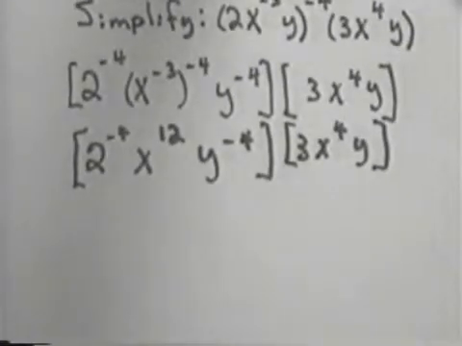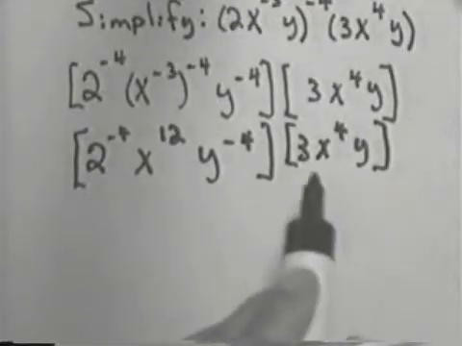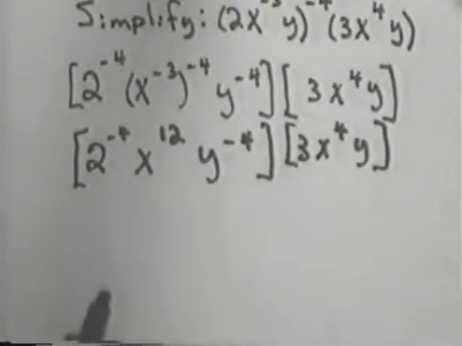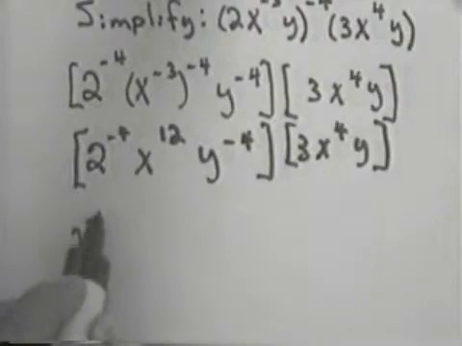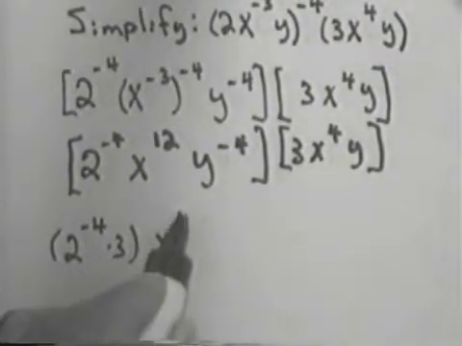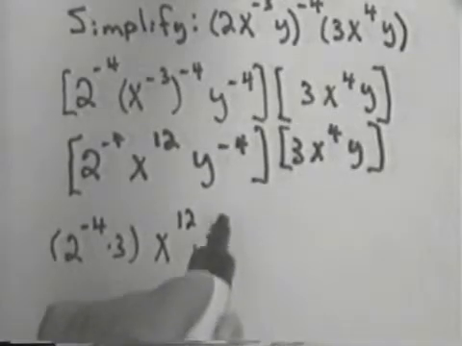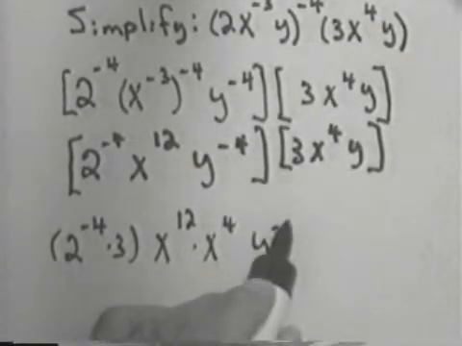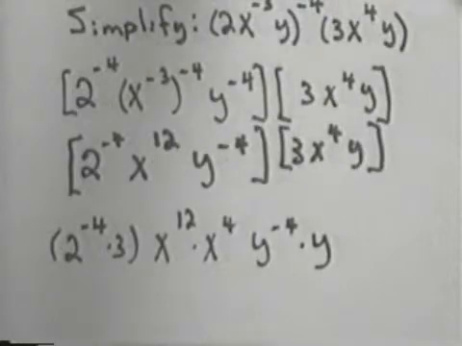The fourth step says to multiply and divide powers having the same base. So by the commutative and associative laws, I can regroup and put my numbers together. 2 to the negative 4 times 3, x to the 12th times x to the 4th, y to the negative 4 times y.